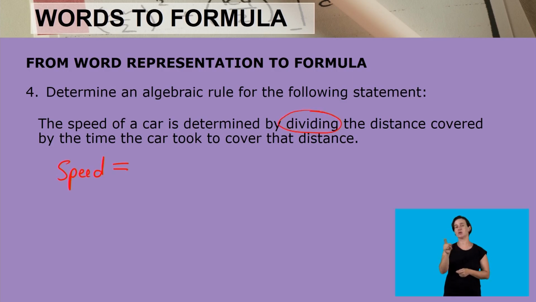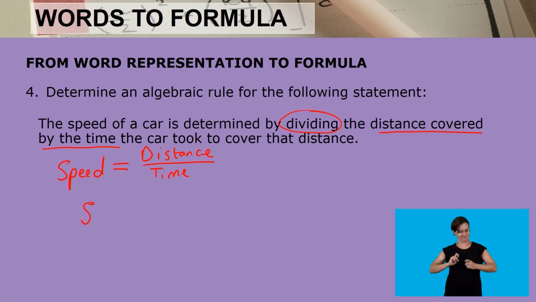So we are going to divide these two. What are we dividing? We are dividing the distance covered by the time that the car took. So we are going to say that is the distance covered divided by the time, and that is how we are going to determine the speed.